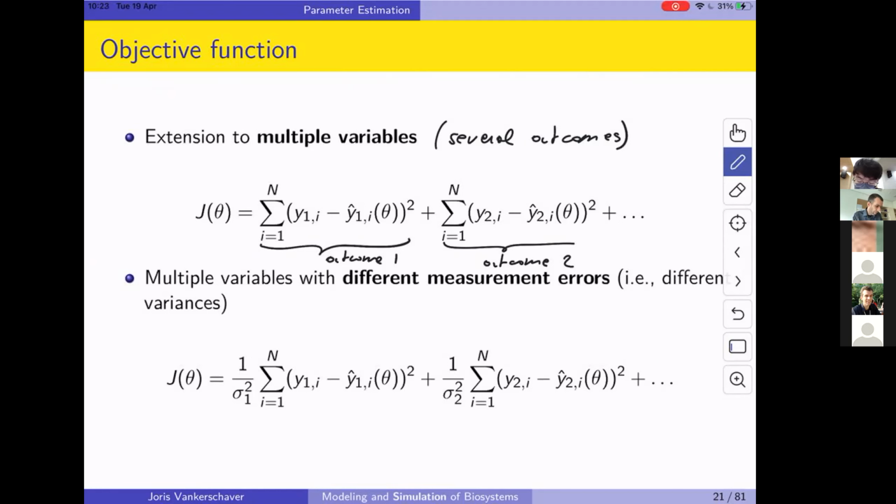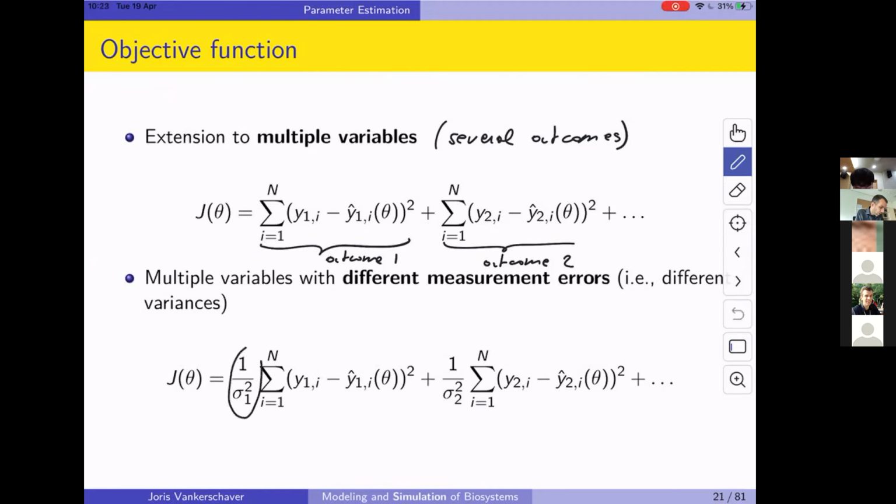And then down below, we have an extension of what we would do if these outcomes have different measurement areas or different variances. Then we can give each term in our objective function a different weight.